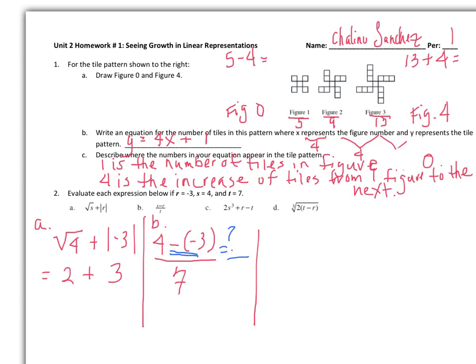So getting a little larger, I'm going to go ahead and label these. C. It says 2 times s to the third power plus -3 minus 7.